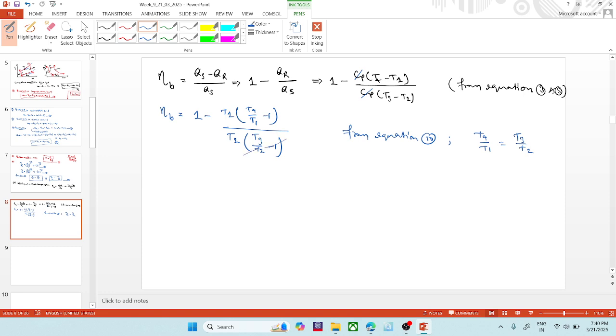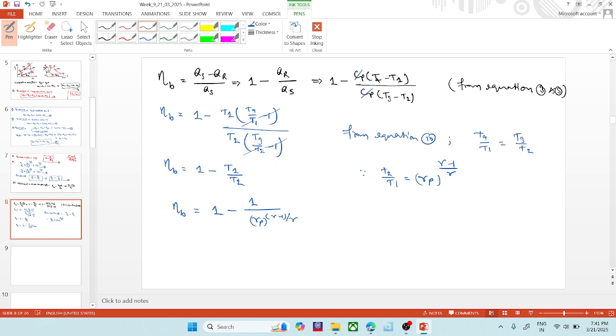Then this thing also will get cancelled out. So now eta B would be 1 minus T1 by T2. Now I know that because T2 by T1 is equal to Rp to the power gamma minus 1 by gamma, the efficiency of the Brayton cycle would be 1 minus 1 upon pressure ratio to the power gamma minus 1 divided by gamma.